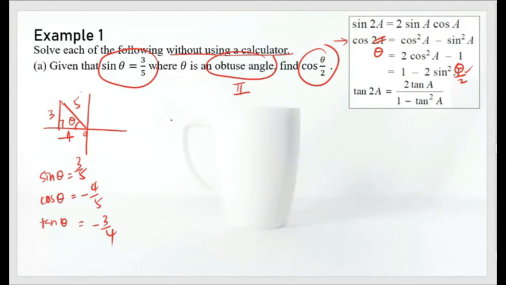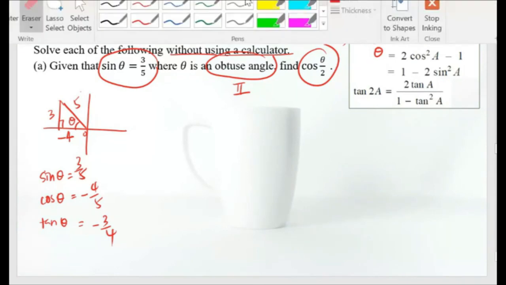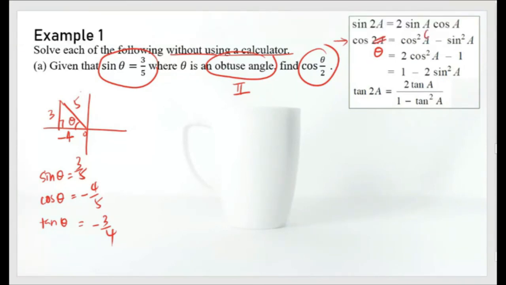We want to find cos theta over 2. Which one is it?